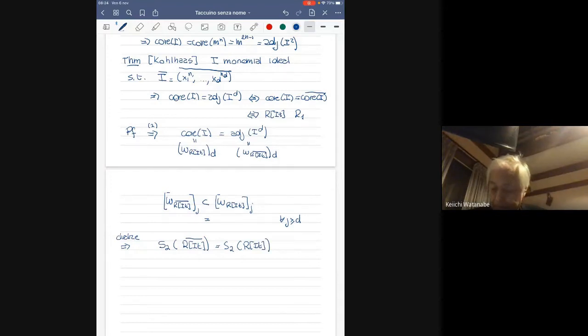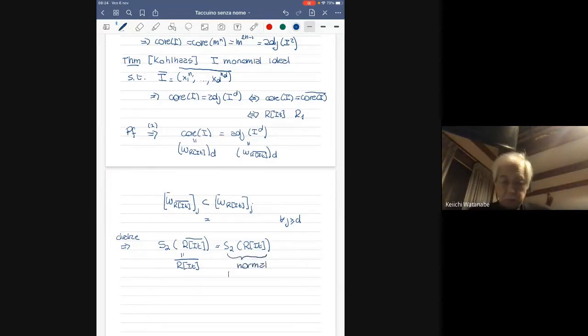Why? Because the S2-ification is S2, and since they are equal in large degree and obviously equal for negative degrees because they're just R, these two are the same, but this is the integral closure of R[It]. So this forces this ring to be normal.